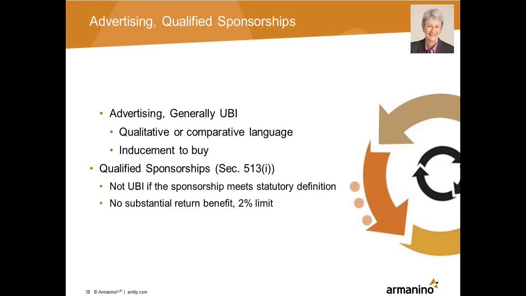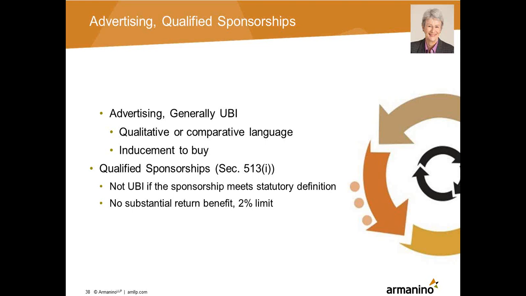The next item that we want to talk about is advertising, and then as sort of a subset of that conversation, we want to talk about qualified sponsorships. This comes up a lot. So let's start at an easy place where we just say generally advertising, the income from advertising is unrelated business income.